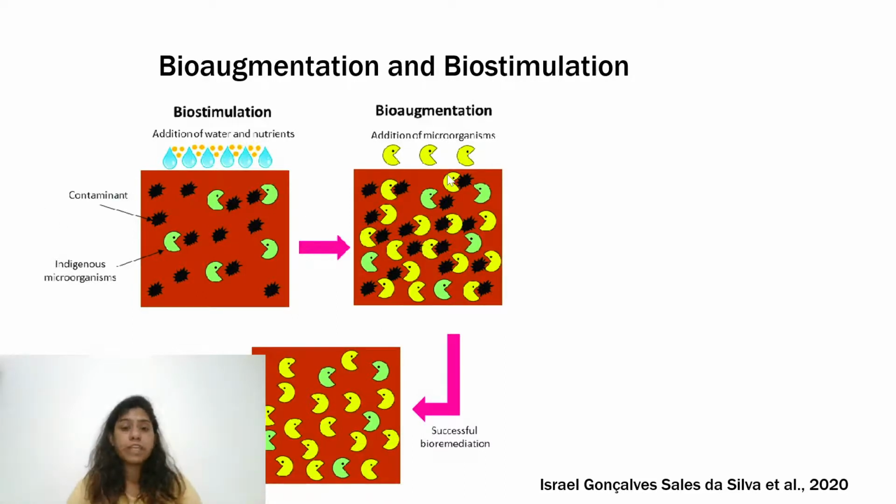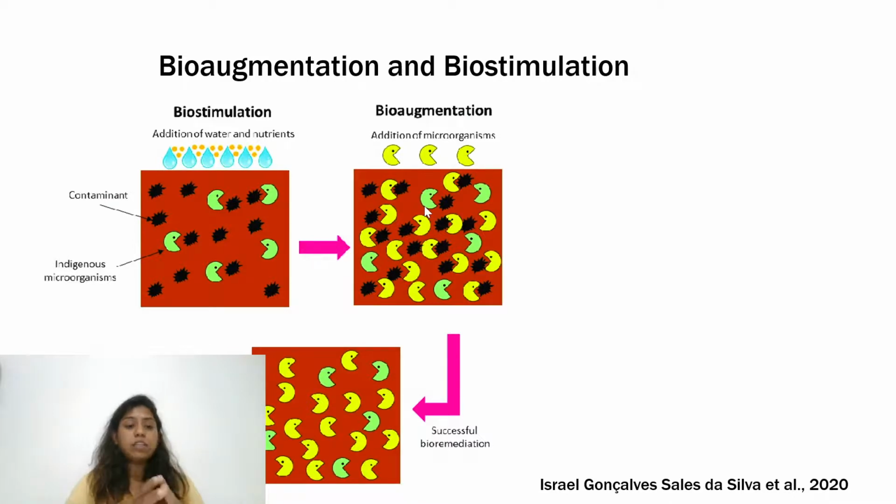Whereas bioaugmentation would mean that we add microorganisms externally that are not there in the given site, that are different from the indigenous microorganisms, and now wait for these additional microorganisms to chew up the contaminants in the given site.